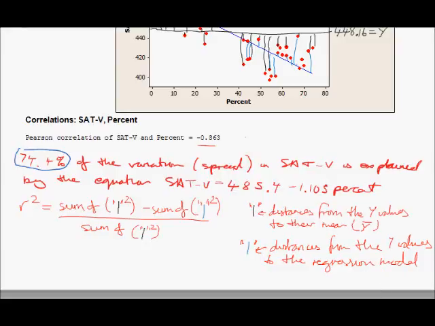So what R squared is doing is finding the total distances.